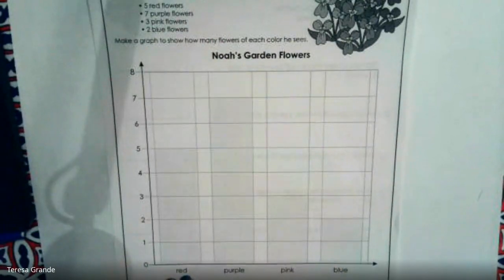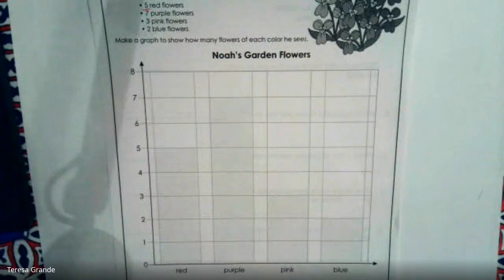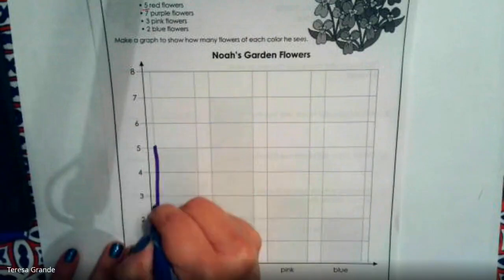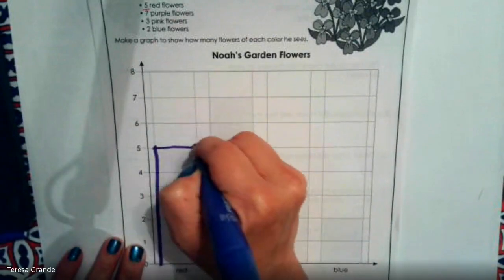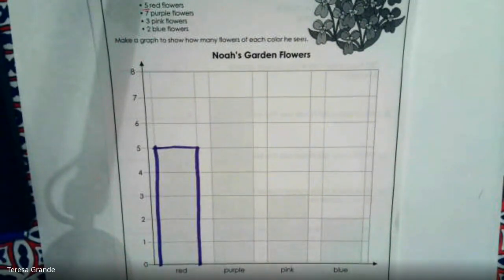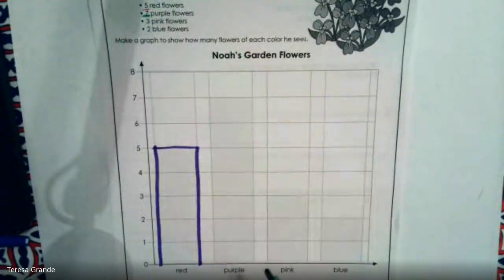So let's start with red. How many red flowers are there? Let's look at the top. It says 5. Let's find the number 5 here. And there are 5. How many purple flowers are there? 7.